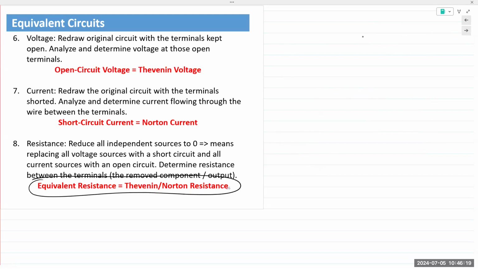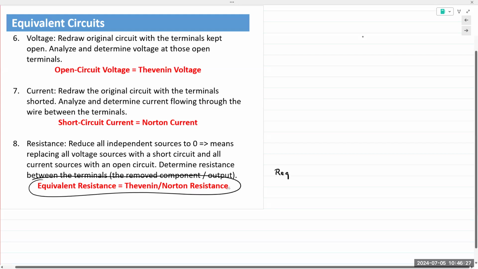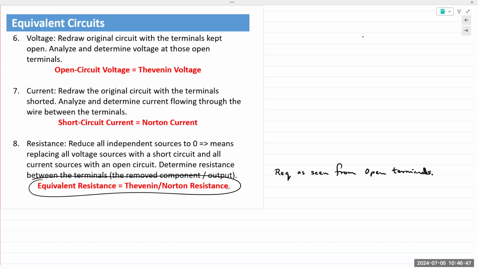The Req of the circuit as seen from the open terminals, that gives you the Thevenin resistance.